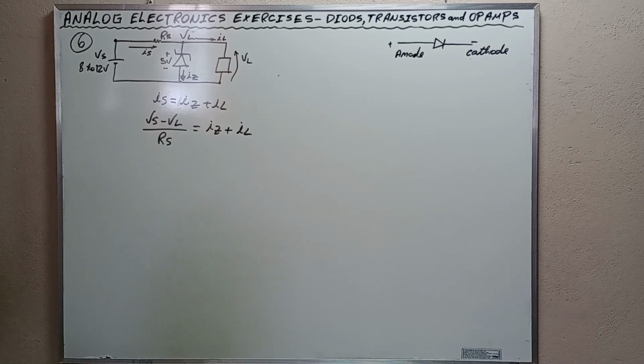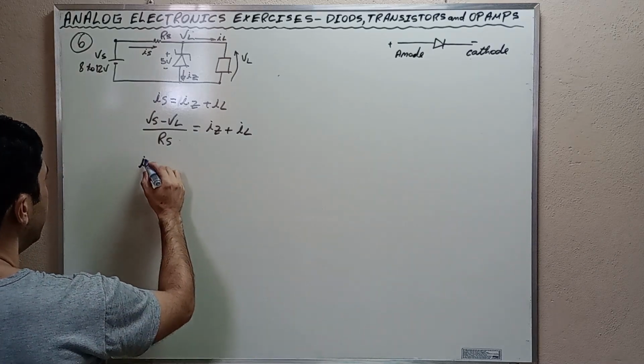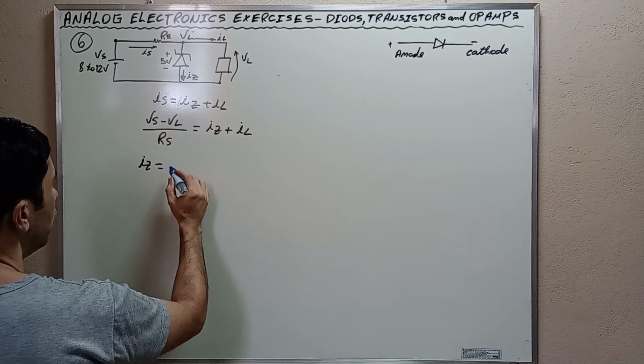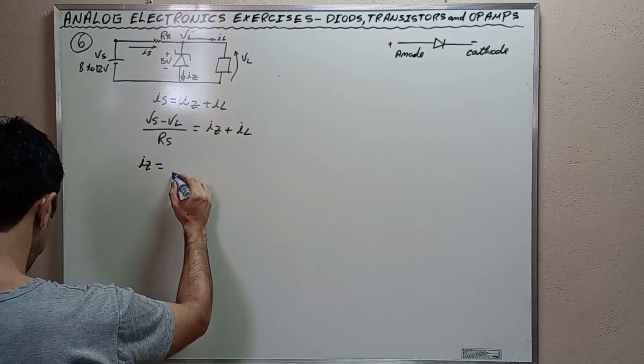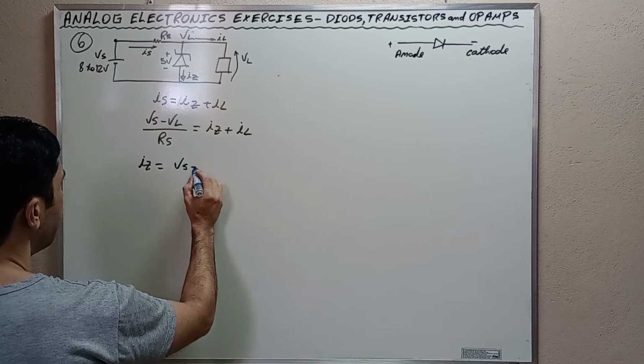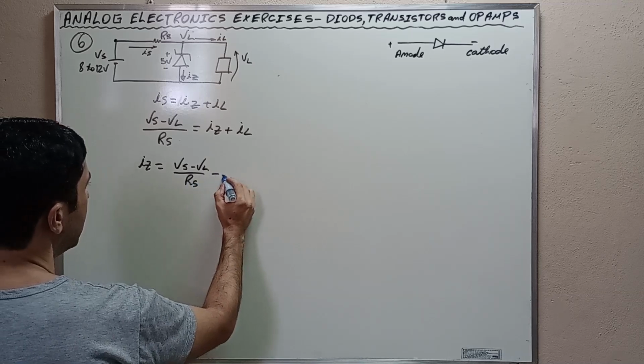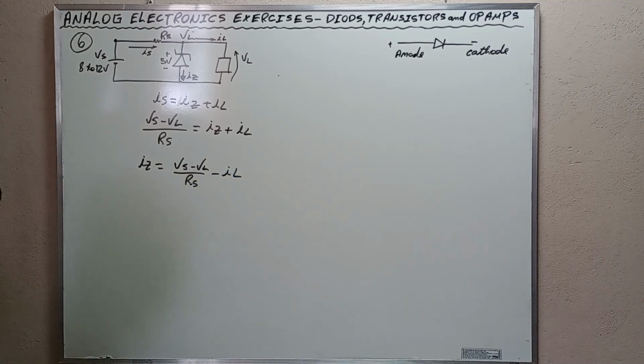And in this way, the current of the zener diode is Iz equal to Vs minus VL divided by Rs, minus I load. Okay, this is the current of the zener diode.